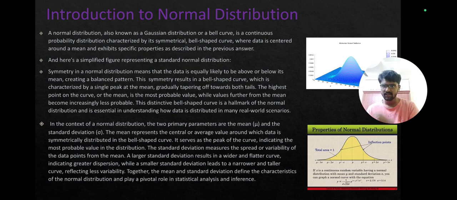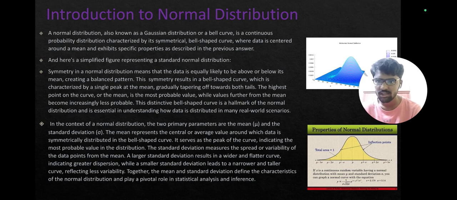Symmetry in a normal distribution means that the data is equally likely to be above or below its mean, creating a balanced portion. This symmetry results in a bell-shaped curve, which is characterized by a single peak at the mean, gradually tapering off towards both tails.